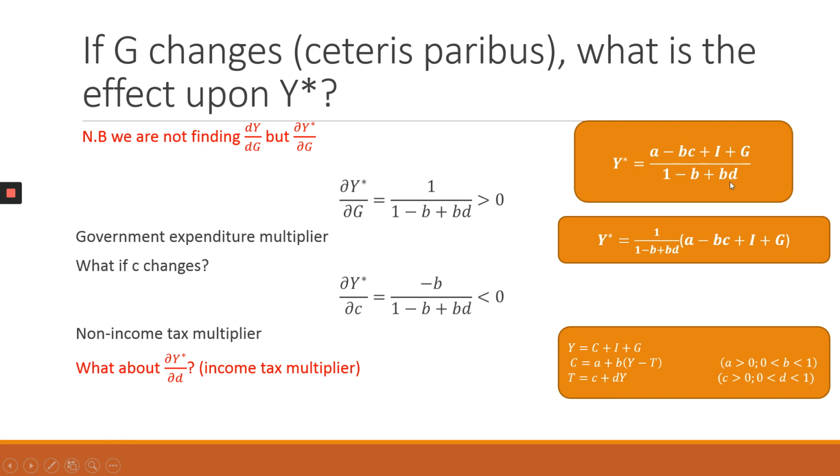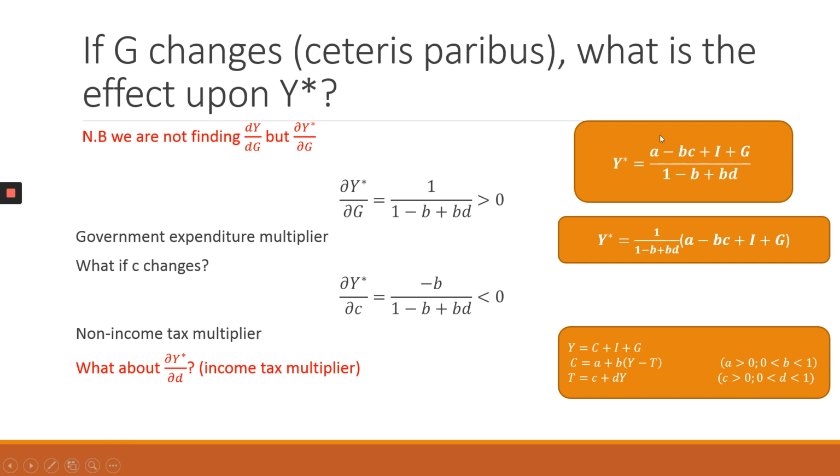So when you go back to the solution, D is in the denominator of this solution that we have ascertained for our equilibrium income, right? So looking at this, you can be tempted to think that maybe we can use the quotient rule to solve this, but because we don't have D in the numerator, what we have to do is rearrange the equation and allow ourselves to use the chain rule to solve it, right?